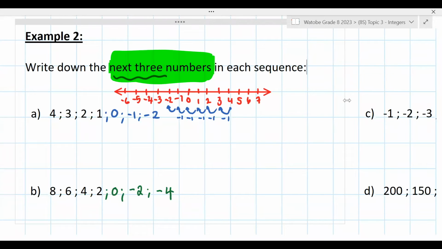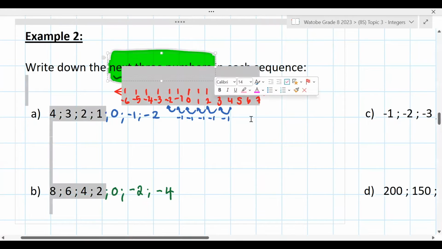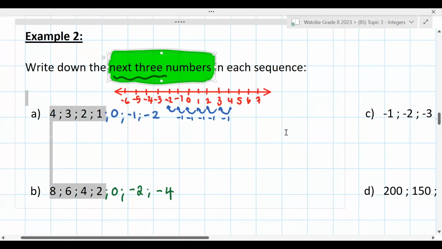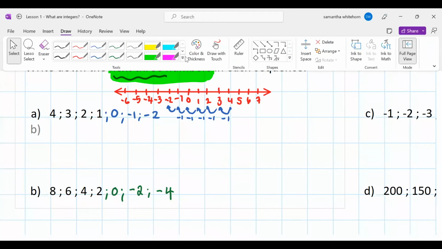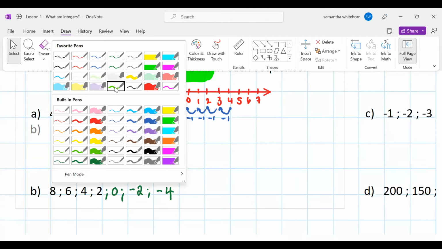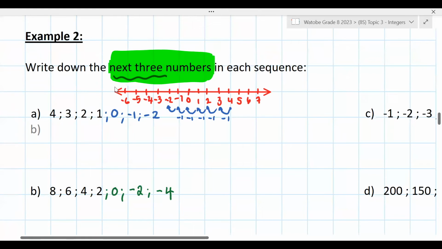B. Okay, so if we have a look at B, I'm going to go to my number line here. If I start where I need to start, it starts at 8. It then moves to 6. Now, that is a jump of 2. I'm taking away 2 in order to get to 6.